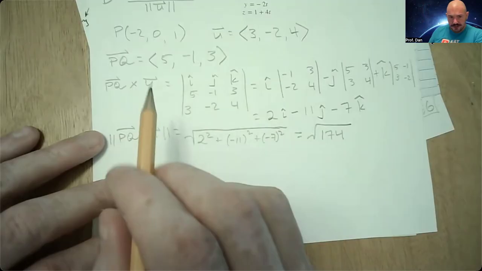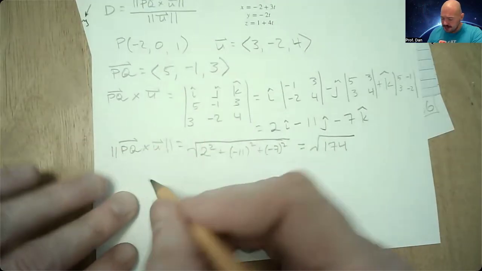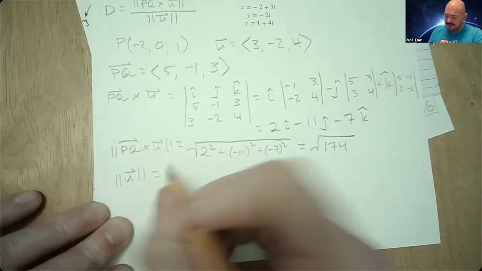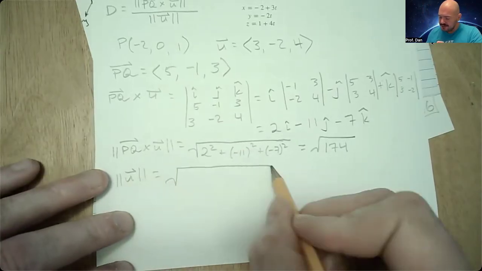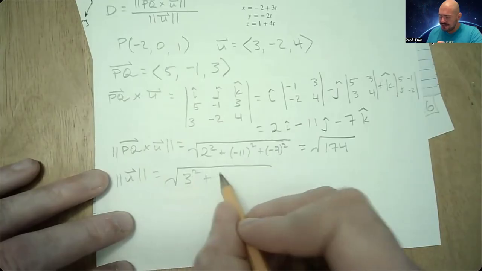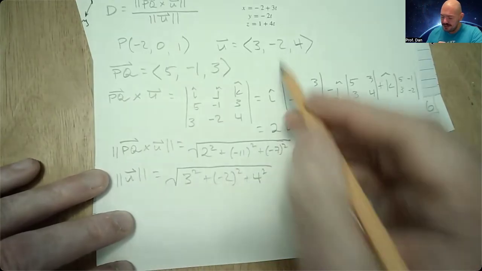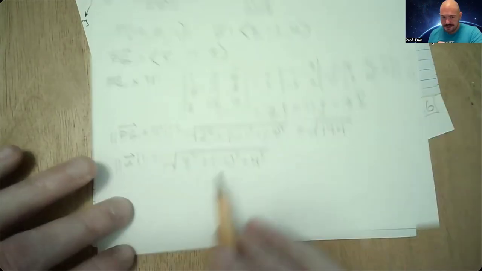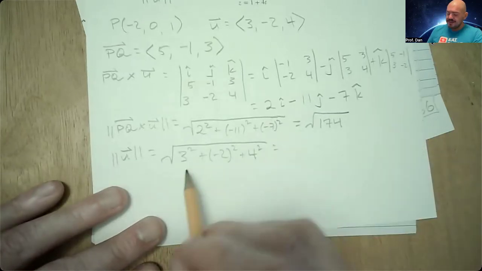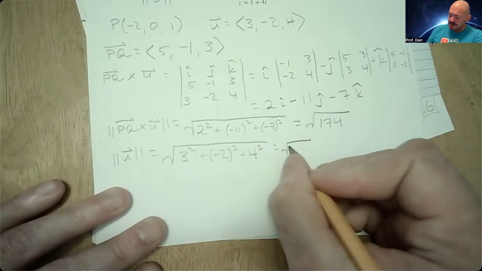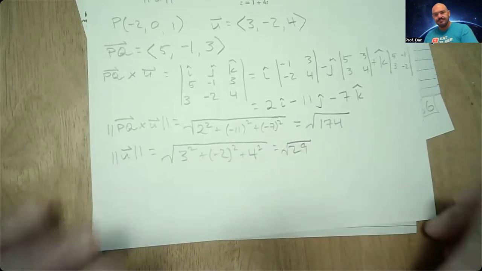Now for the direction vector, the magnitude for that one, it's just the square root of 3 squared plus -2 squared plus 4 squared, right? From those components. So that's going to be 9 and 4 make 13, and 16 makes the square root of 29.